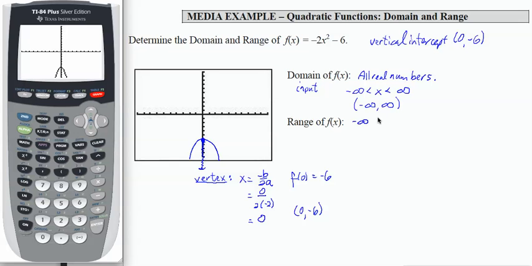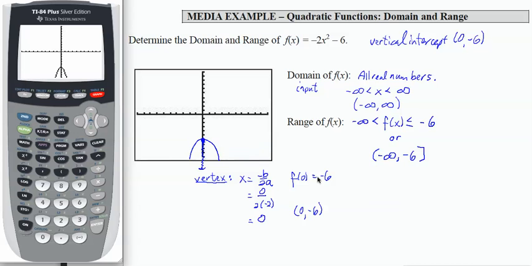I could say negative infinity is less than f of x, less than or equal to negative 6, because I can actually use negative 6. Notice no output value will be obtained that is bigger than negative 6. So here would be inequality notation. I can also take that and write it using interval notation this way.